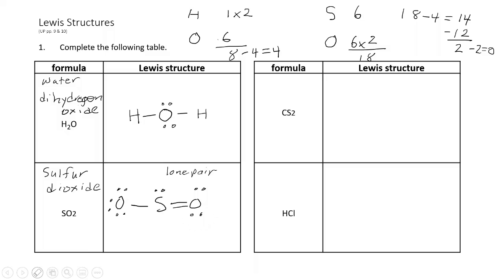Okay, now notice that every atom in this molecule has 8 valence electrons. The center sulfur has 2 from that single bond, and then it has a double bond, that's 4. And then it has the lone pair, that's 2 more, equals 8.